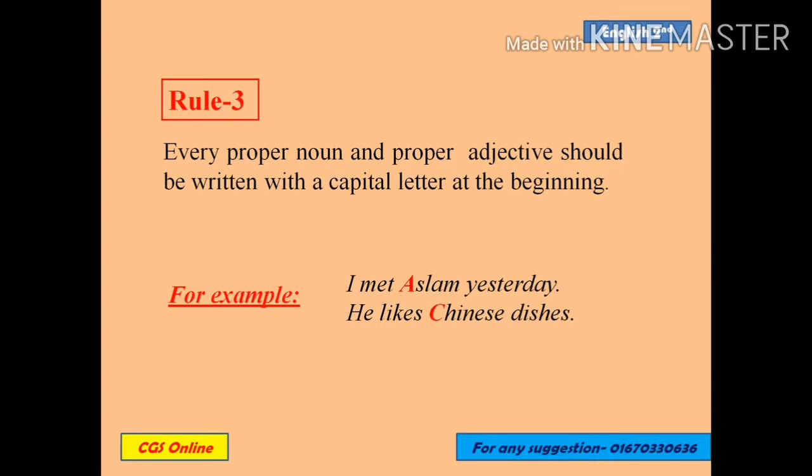Okay, then let's come to example number 2. Here, Chinese dishes. You know, dishes is a noun and Chinese is an adjective. China is a noun, and Chinese comes from China, and China is a proper noun. Here Chinese is used as an adjective.